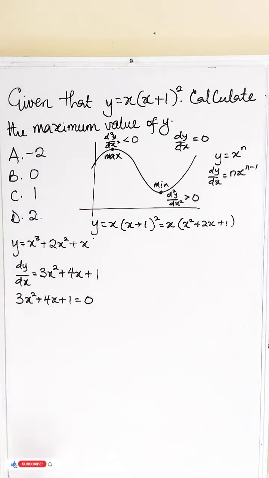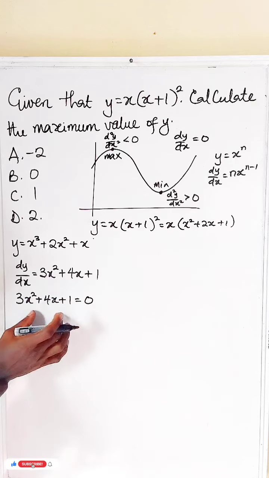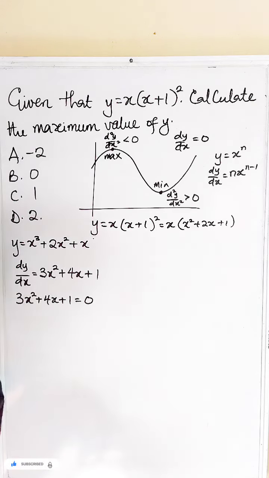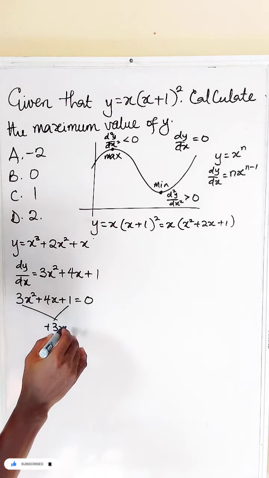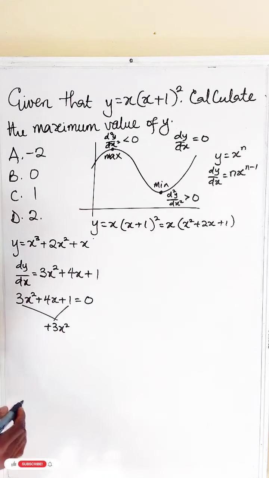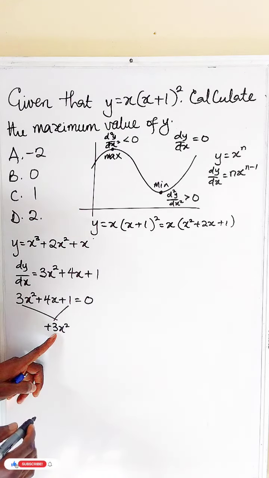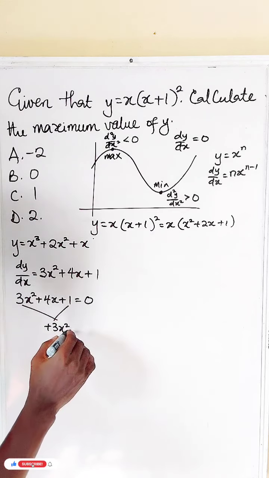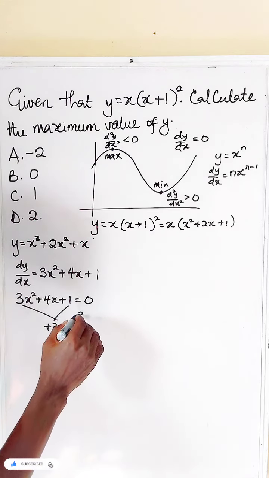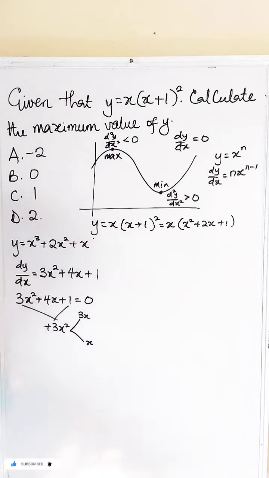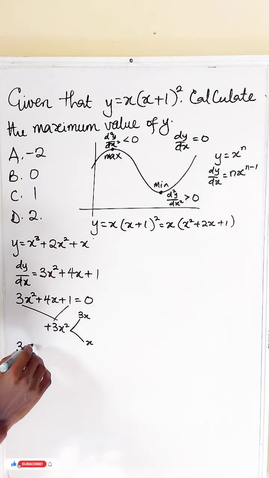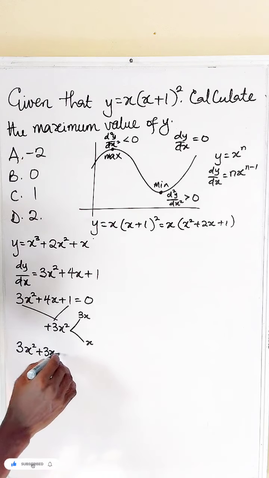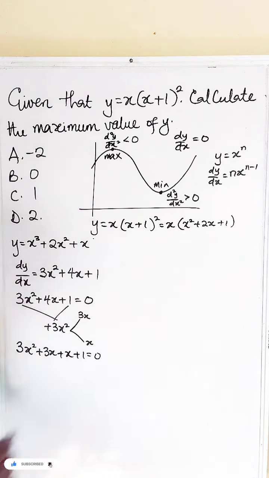Now let us factorize to find the value of x. What two factors multiply to give 3x² and add to give 4x? Those factors will be 3x and x. So replace 4x with the sum of 3x and x: 3x² + 3x + x + 1 = 0.